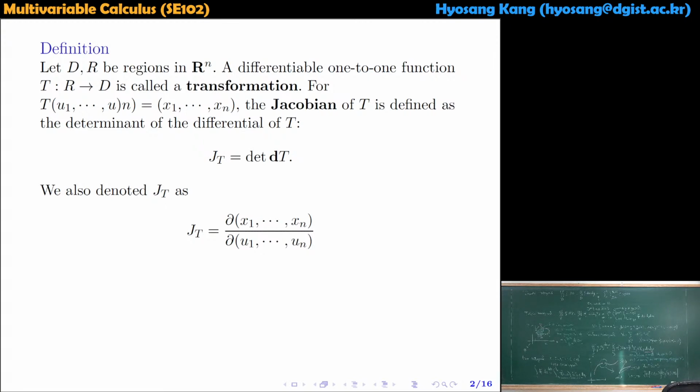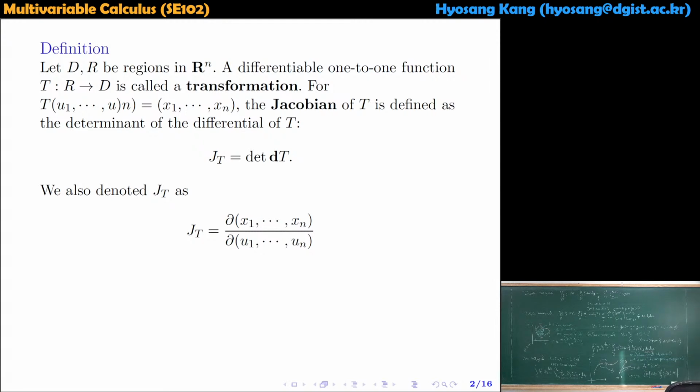A differentiable one-to-one function T from R to D is called a transformation. So what's the condition? The map should be differentiable and also one-to-one. I'm going to talk more about the one-to-oneness of the function.